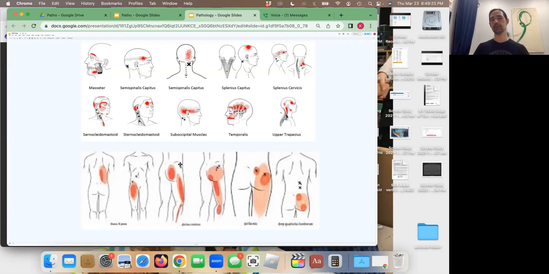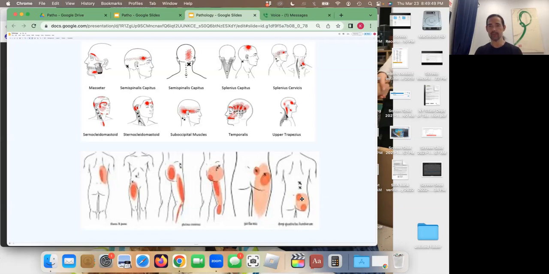Trigger points around the gluteus minimus or the TFL can refer pain into the IT band or back into the buttock. Glute med trigger points can refer pain into the buttock, into the sit bone, as far down as the calf muscle.